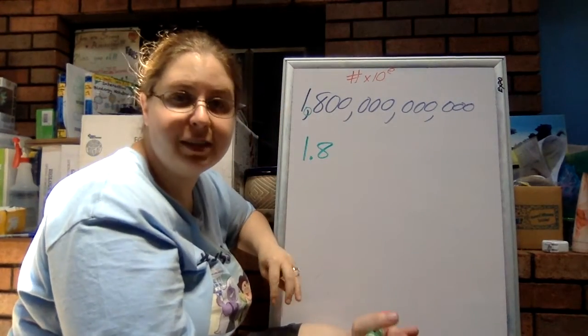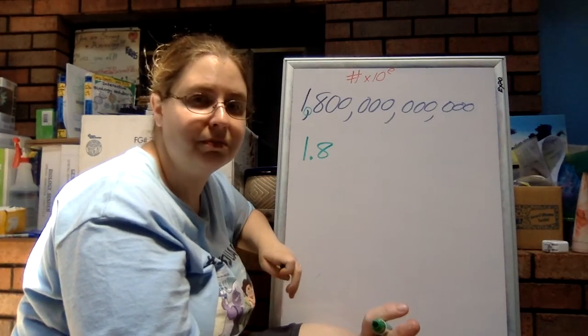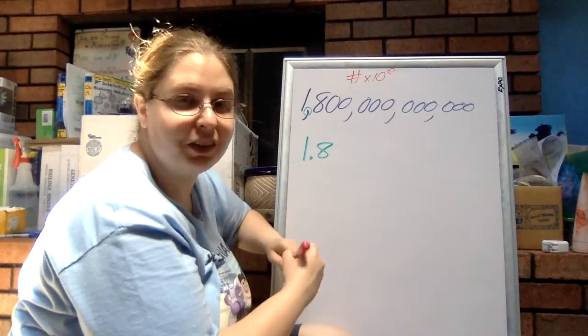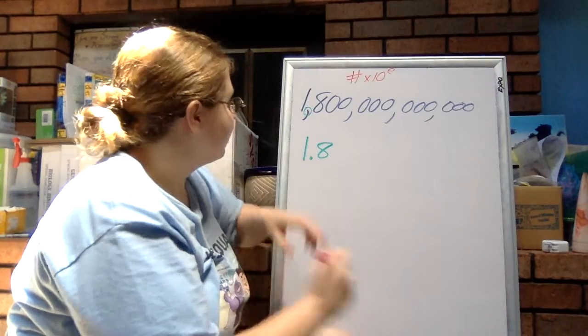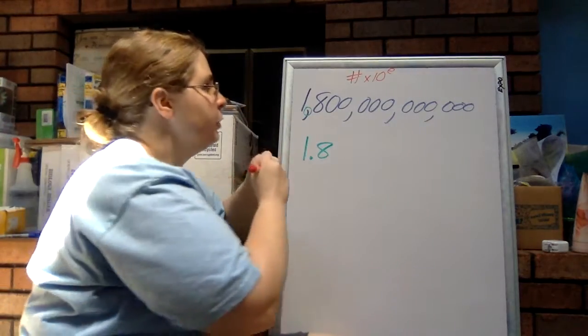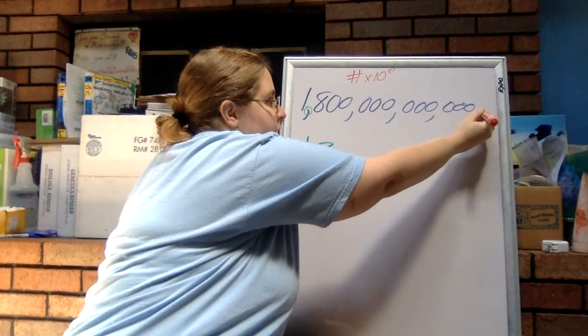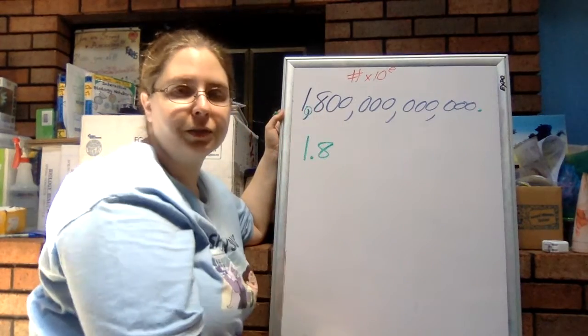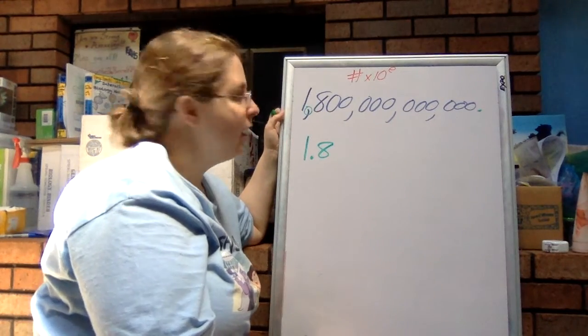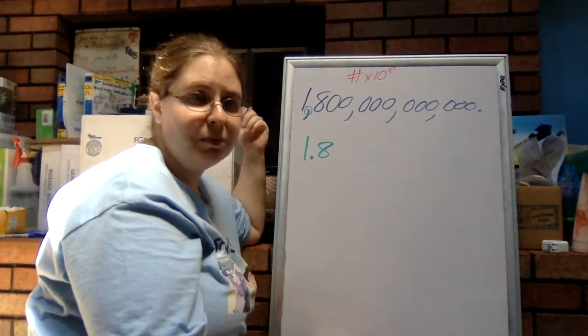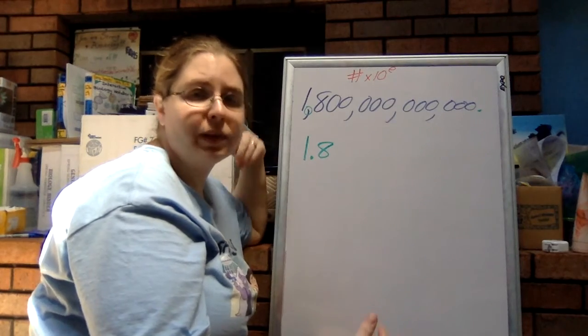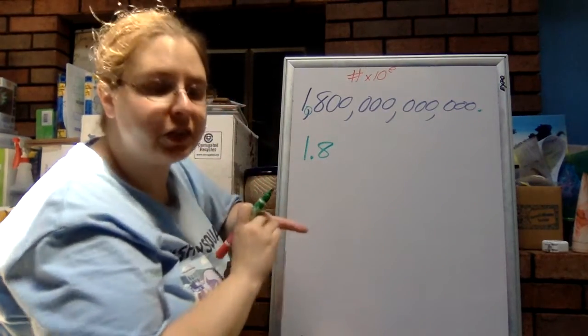We're going to get rid of the zeros, but we're not going to change the value. So I'm going to move my decimal from here all the way over to there, because we want to simplify it. We want to make it simpler to look at, to work with, to write out, simpler to understand.